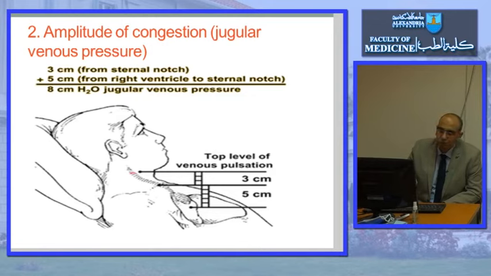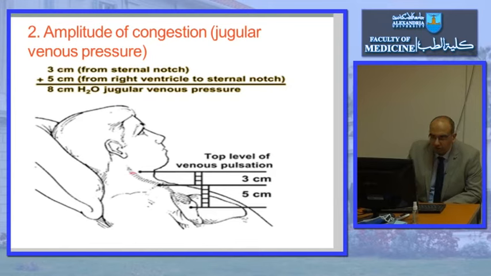This neck vein is congested up to here, and then we put a paper to the ruler from here to here, and we look for the number on the ruler. If it is about 3 centimeters, it is 3 centimeters above the sternal angle.